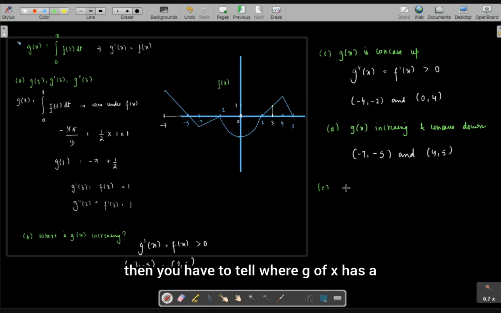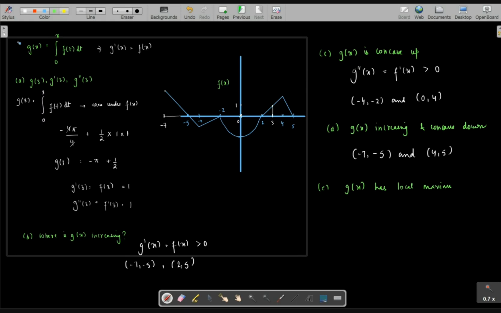Then you have to tell where g of x has a local maximum. Where g of x has a local max would be when g prime of x is going from increasing to decreasing. So f of x is going from positive to negative.